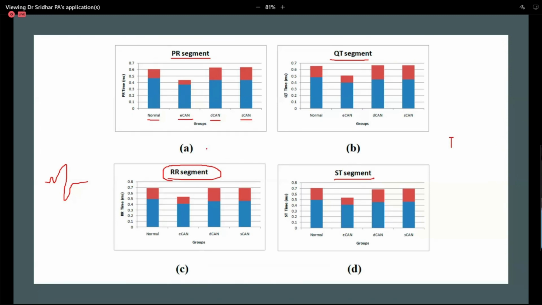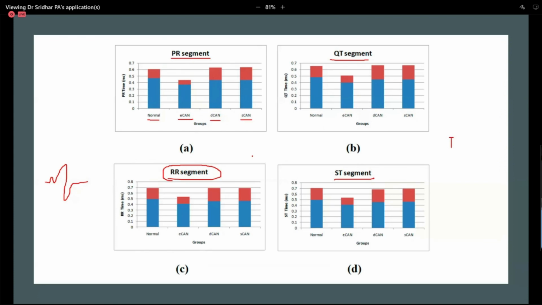There was a little bit of change. So on the ECG signals, just looking into the time, we were not significantly able to see the time difference in this particular case.